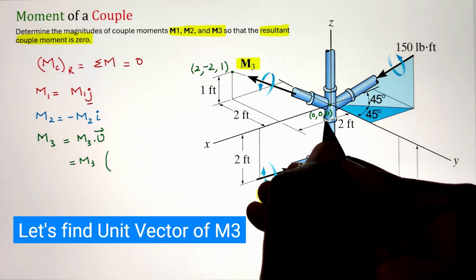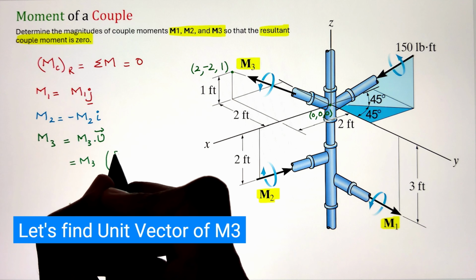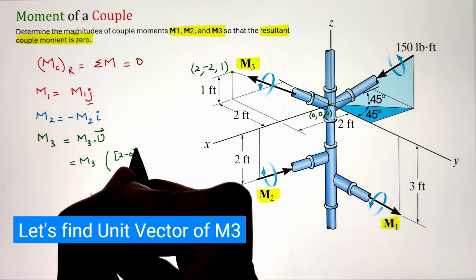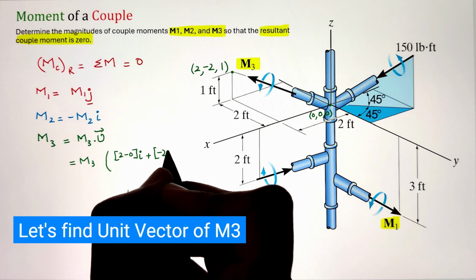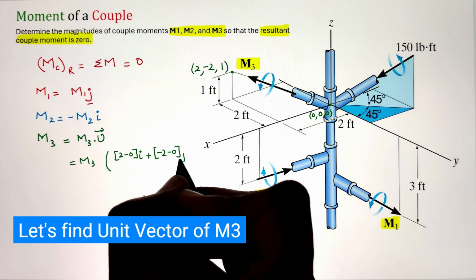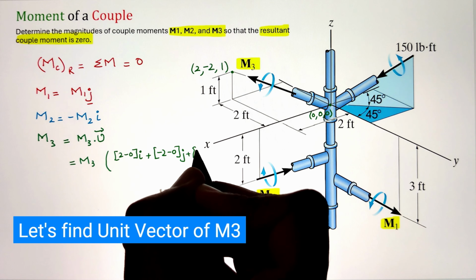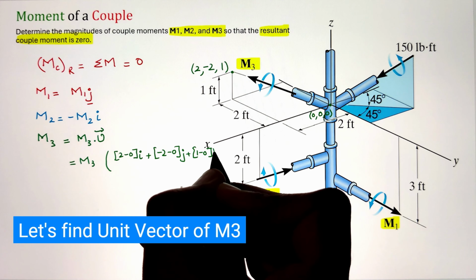To calculate the position vector, it will be the head coordinates minus the tail coordinates. So I have a position vector of (2 minus 0)i plus (negative 2 minus 0)j plus (1 minus 0)k.